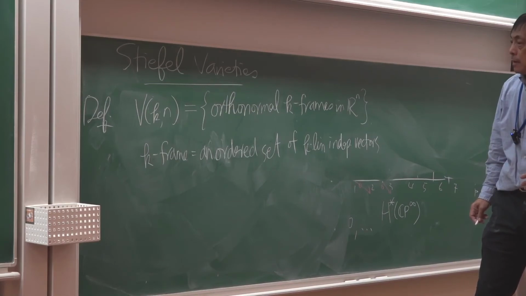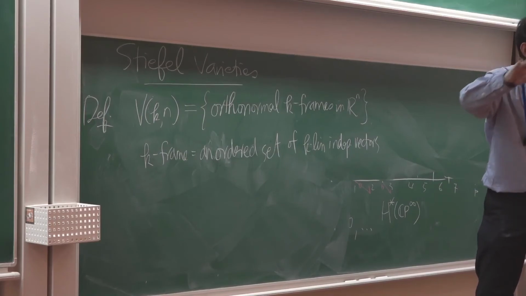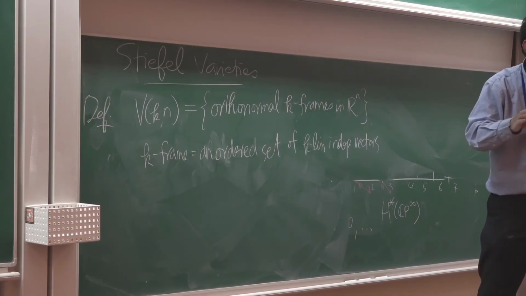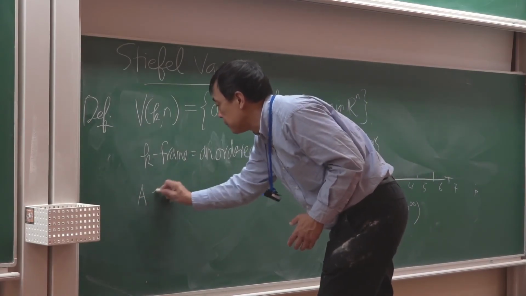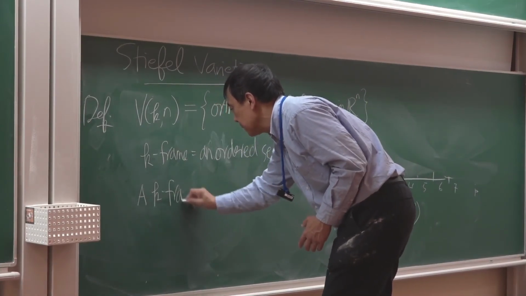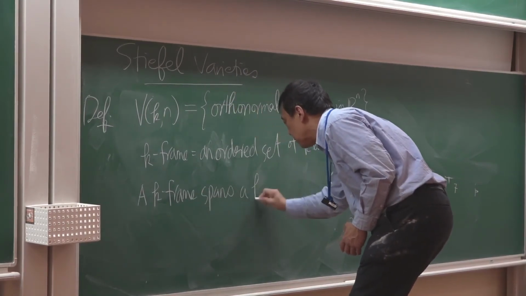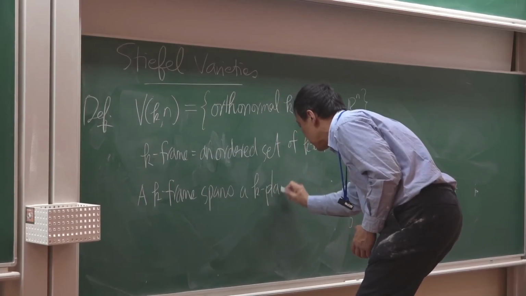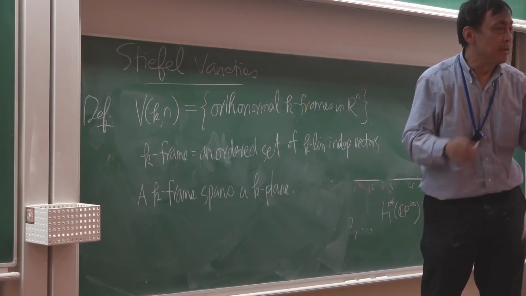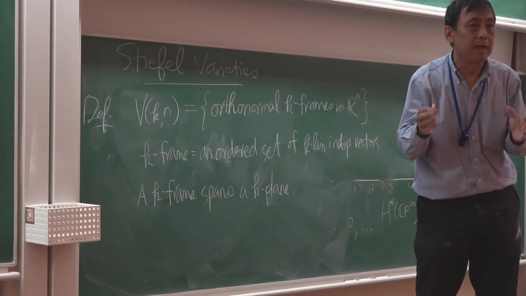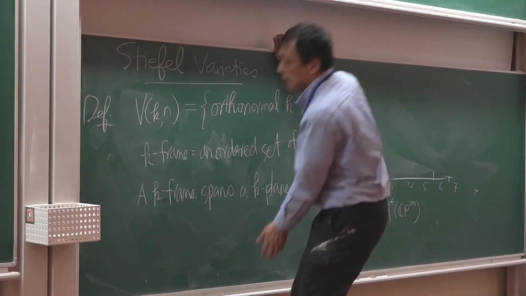Now, a K-frame will span a K-dimensional plane. So a K-frame spans a K-plane. And what's the set of all K-planes in Rn? That's the Grassmannian, yeah.